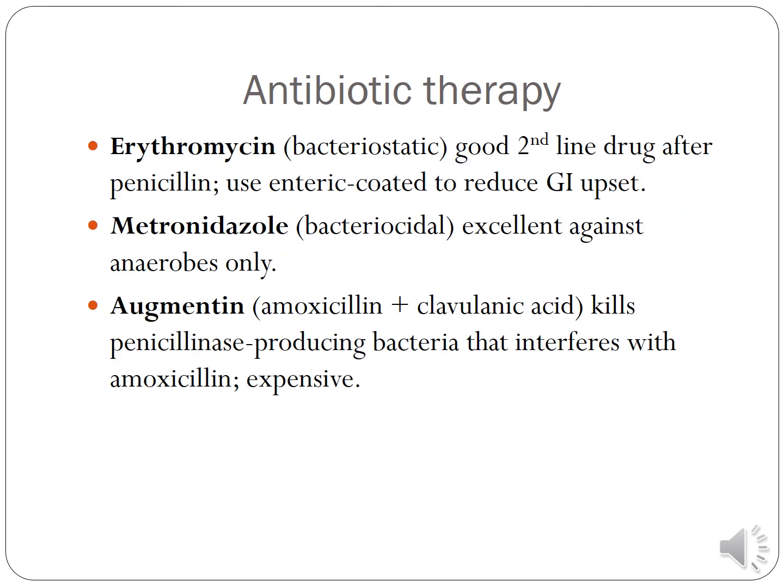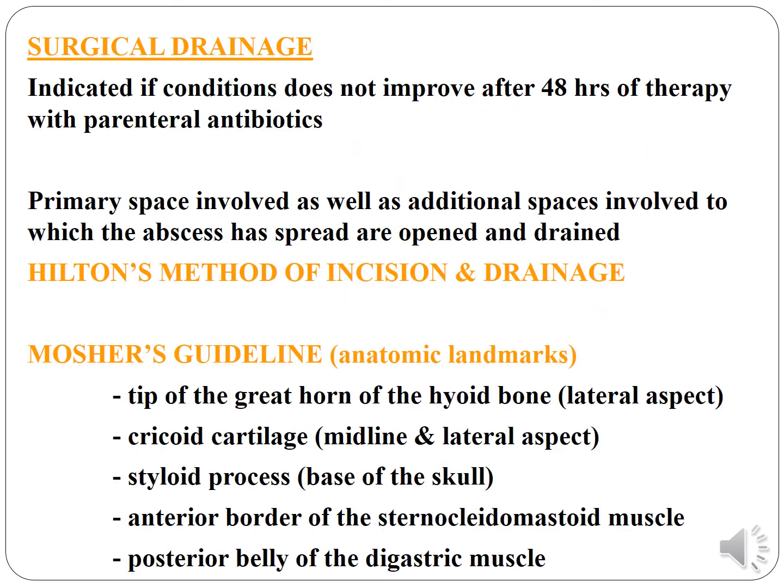Erythromycin is a good second line drug after penicillin. Use enteric coated to reduce GI upset. Metronidazole is excellent against anaerobes only. Augmentin kills penicillinase producing bacteria and then interferes with amoxicillin, and is expensive.